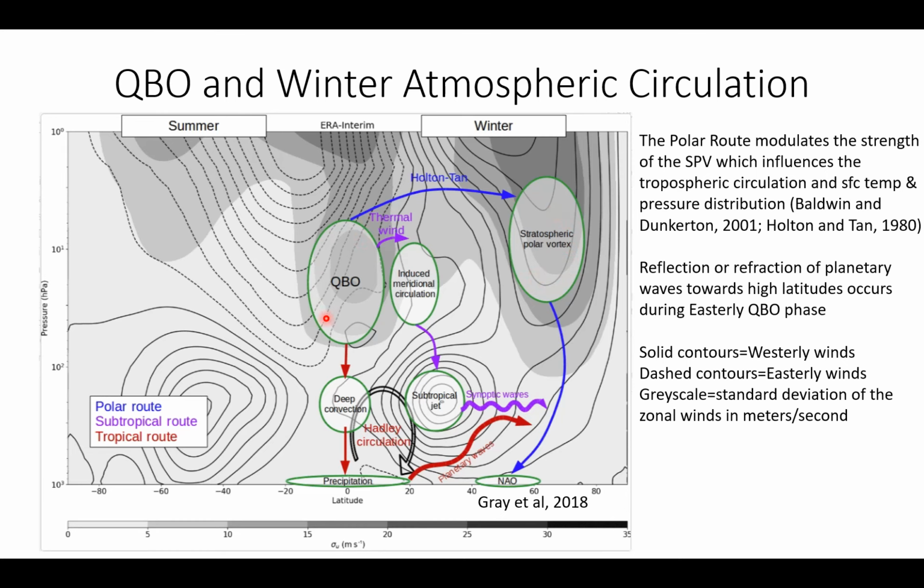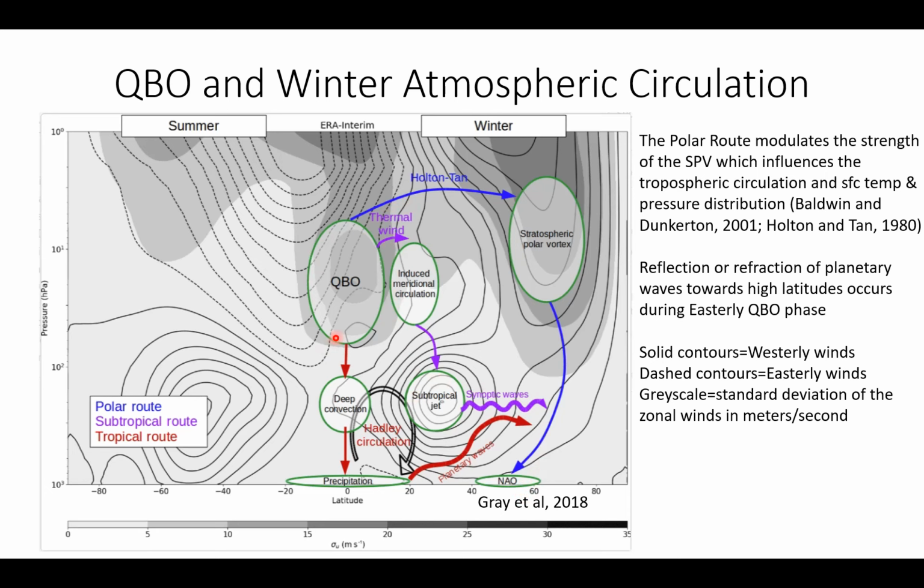Okay, so just by the fact that these winds are easterly up in the stratosphere over the equatorial areas, you see the latitudes here on the x-axis. You see Holton and Tan discover this polar route modulates the strength of the stratospheric polar vortex, which then influences the tropospheric circulation and also affects the surface temperature and pressure distribution.